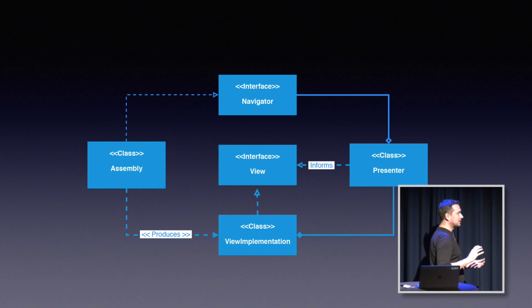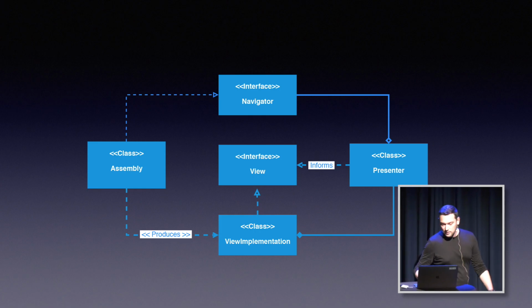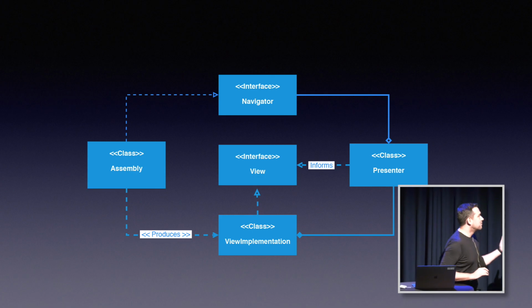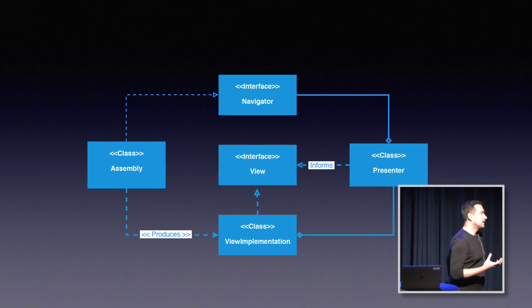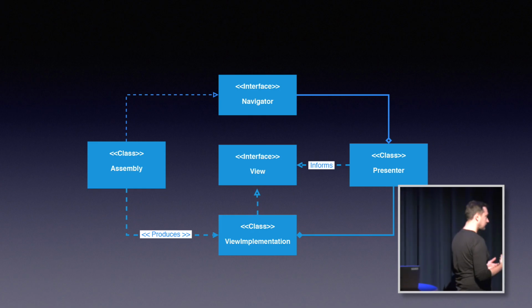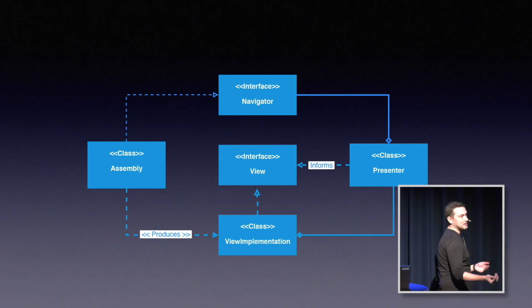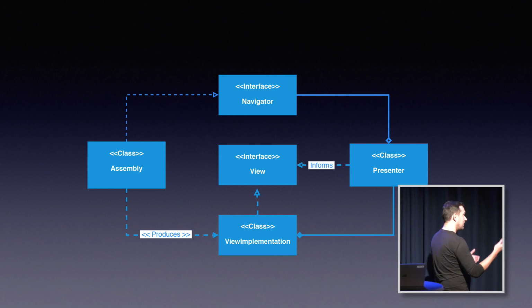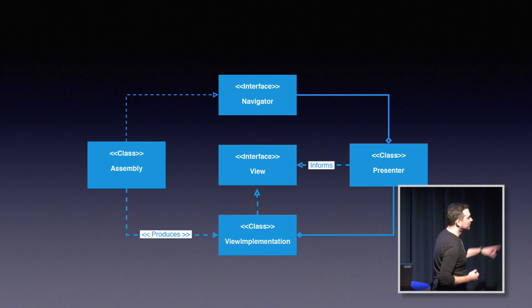So this is how it's wired together. You see that in the middle, you have a view that's basically an interface. In reality, this is an interface for either a UI view or view controller. That interface is there to help you test stuff. Because you see on the right, there's a presenter that's sending data to your view to render it.